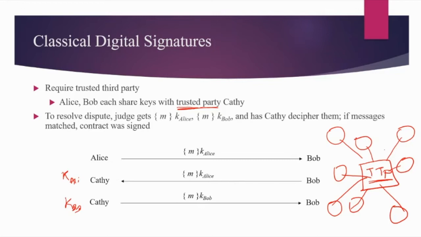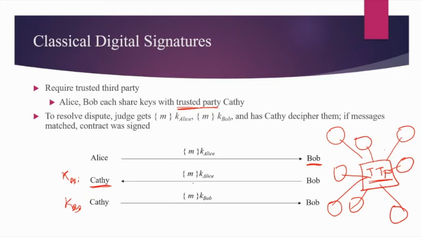Now, if there is any dispute, let's call Kathy the judge. Kathy will decipher both the messages because she has access to the keys to decrypt them. Whenever Alice sends a message to Bob, how will Bob verify? Bob will send that message to Kathy.